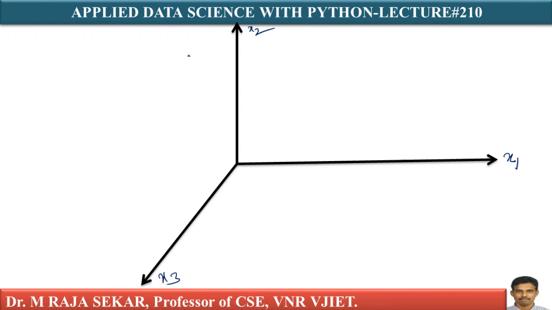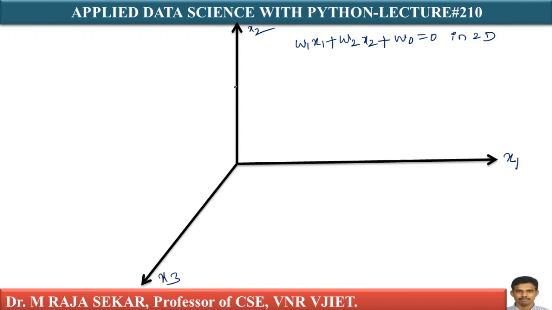What we are doing here, let me write first w1 x1 plus w2 x2 plus w0 equal to 0. This is in 2D, which means that is a line. Now what about 3D? I have 3 axes: x1 axis, x2 axis and x3 axis.